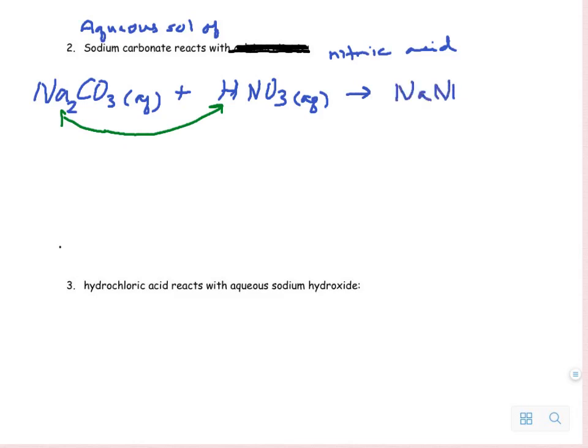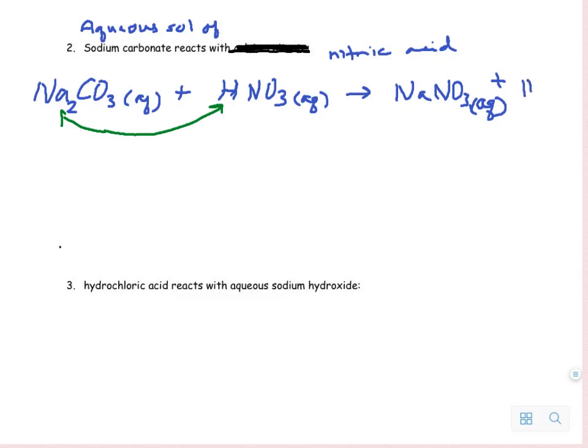sodium with nitrate, and that is a very common aqueous solution. All nitrates are soluble, and all group 1 ions are soluble. You're going to get, for the other product, the hydrogen with the carbonate. Well, hydrogen's a 1 plus, and carbonate's a 2 minus.